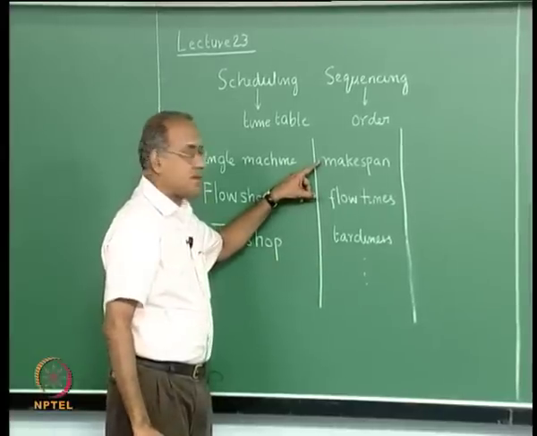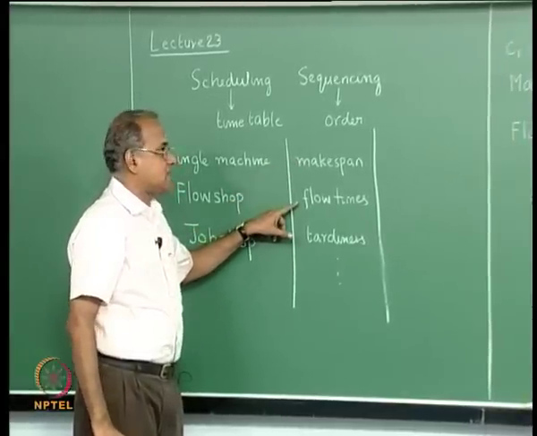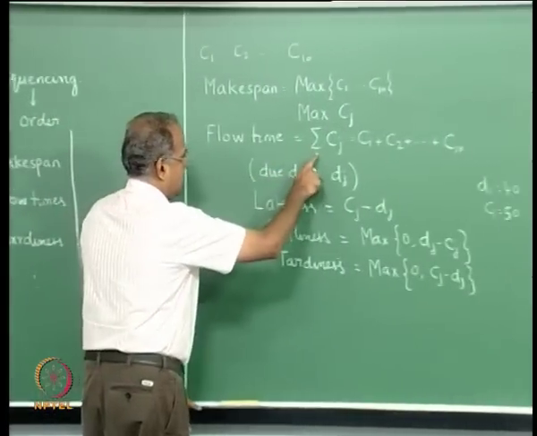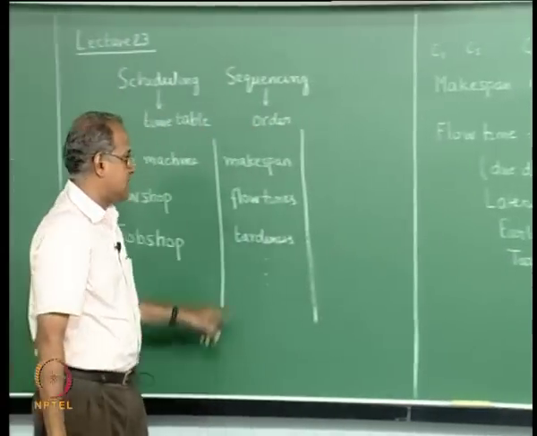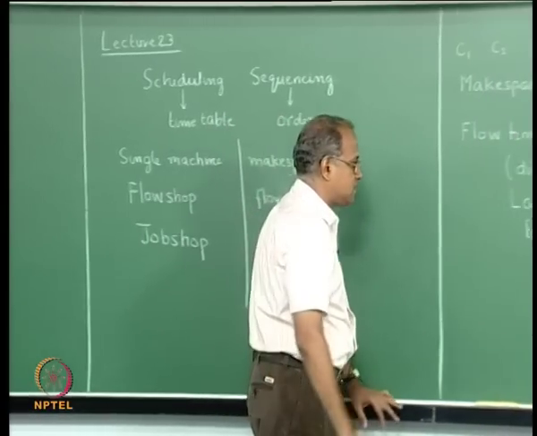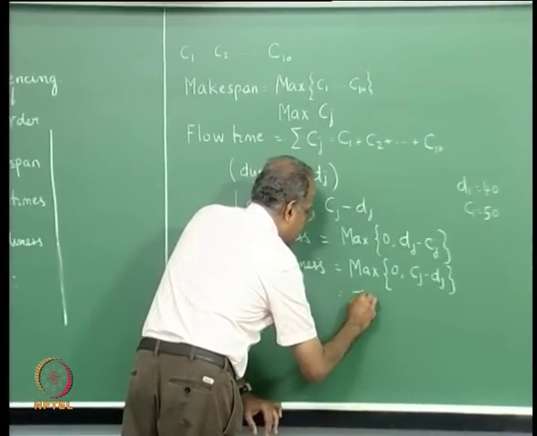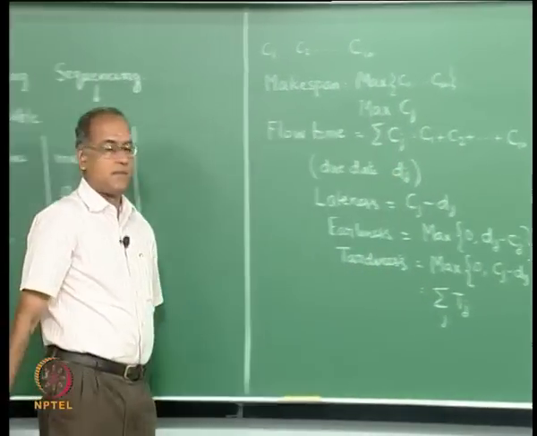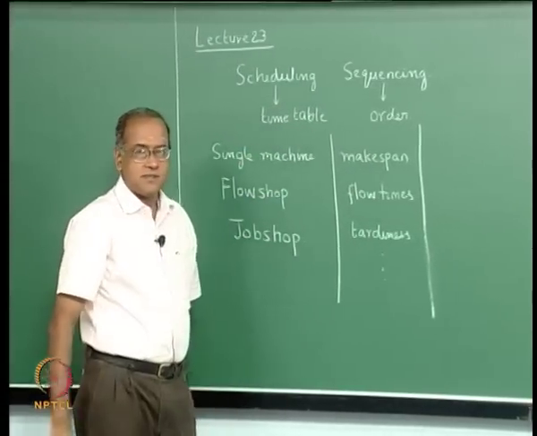So, we minimize the Makespan, we minimize the sum of flow times which is given by sigma Cj, and we minimize the sum of tardiness across all jobs. So, this will be sigma summed over j Tj, sum of tardiness.